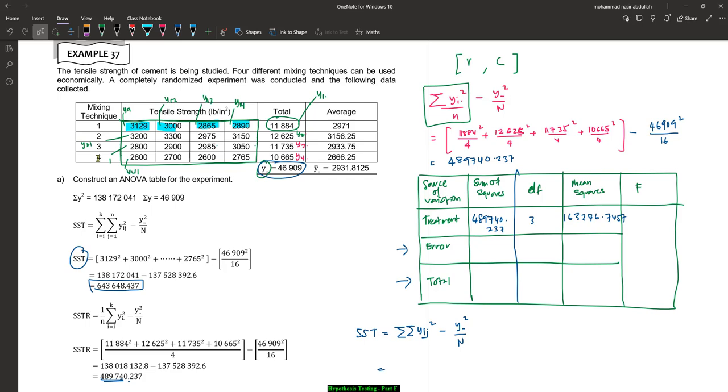So means that 3129 square, right, kita ambil the first observation, plus 3000 square plus for the first row ni 2890 square. And then we continue for the second row, 3200 square plus until 3150 square. And then kita continue sampai hujung lah, 2765 square.